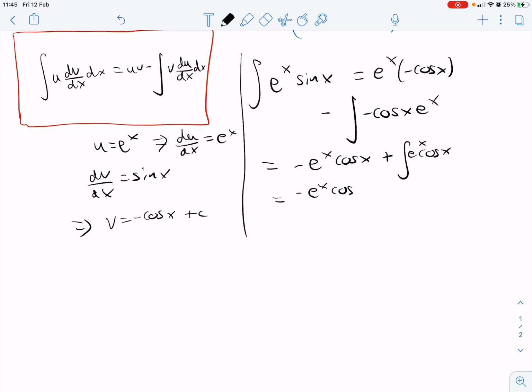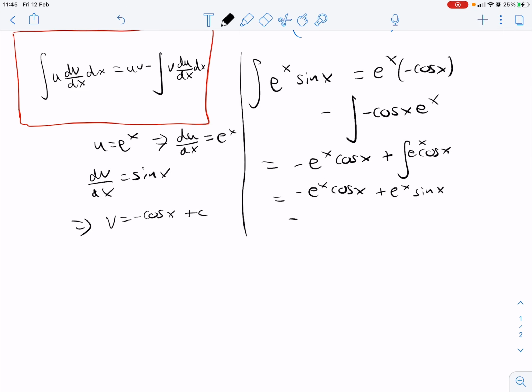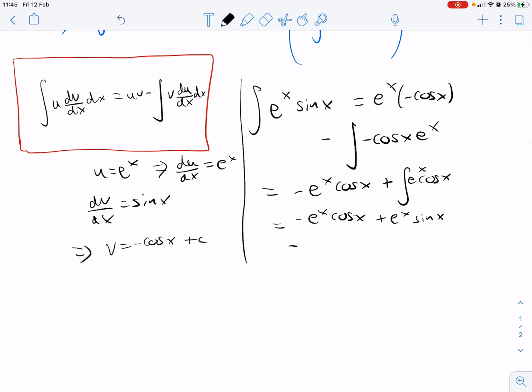Minus e to the x cos x plus e to the x sine x. So that's my uv minus v du dx. v in this case is sine x, du dx, well, that's just e to the x again. Well, hey, happy days.